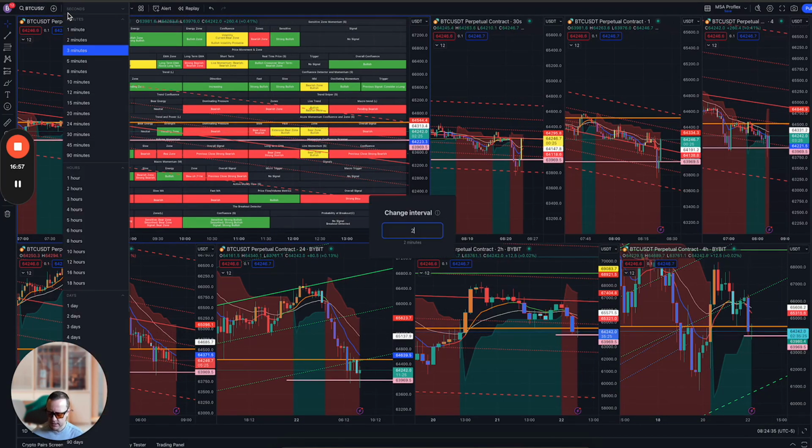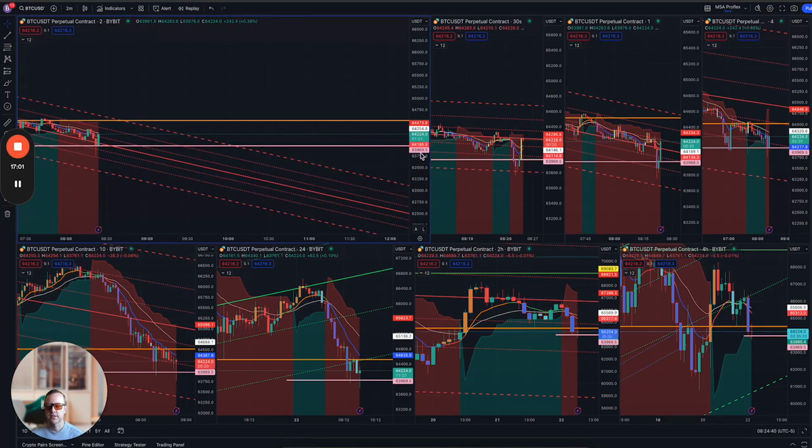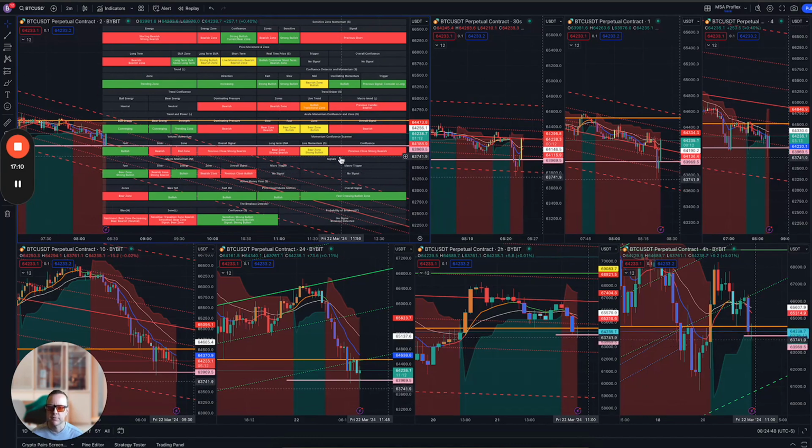Okay, I like that. You can have all of these on a separate chart somewhere, right? And you should be fine. I like that trend. I like the channel that we're in for these very, very micro time frames.